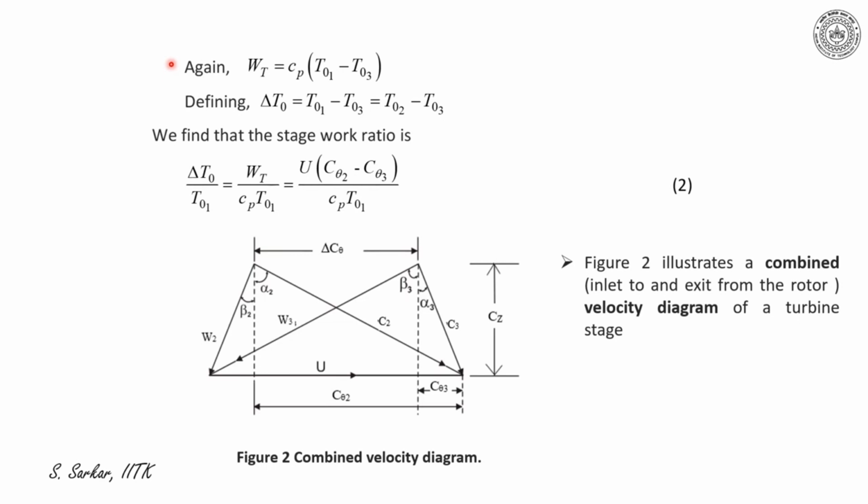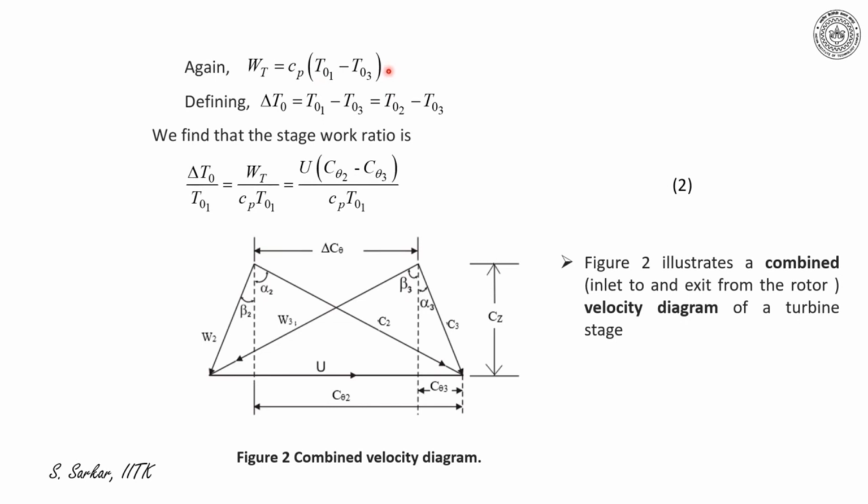That is, the total temperature at the inlet of the stage and the total temperature at exit of the stage. So thereby, Wt must be equal to the stage enthalpy drop in the stage.